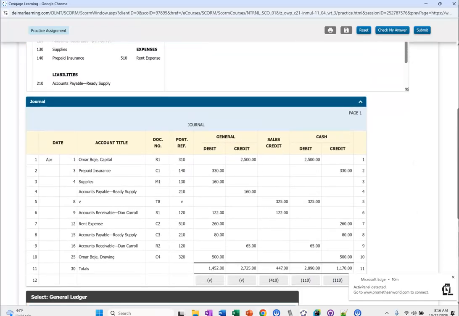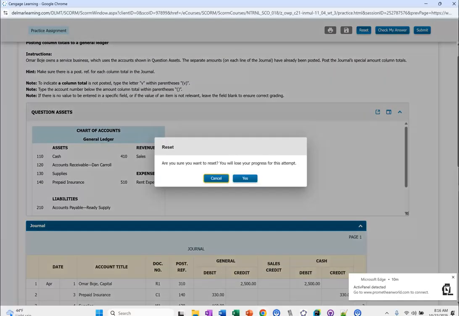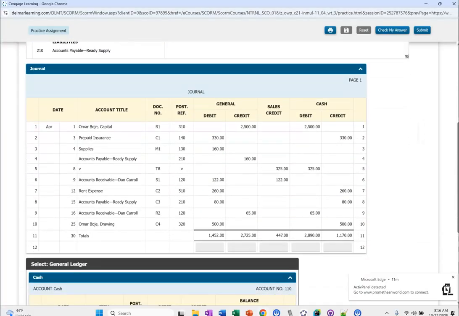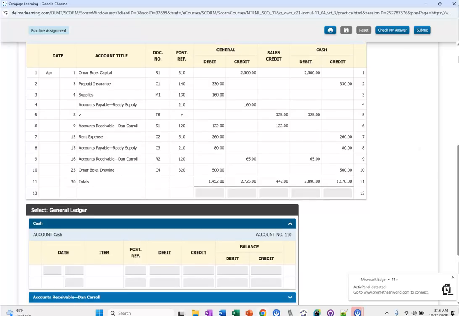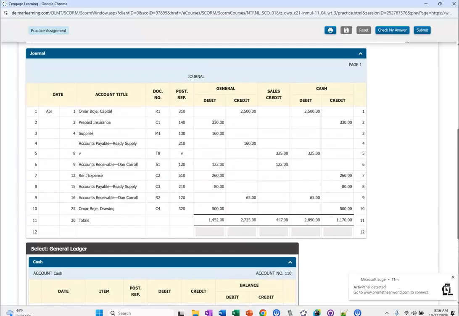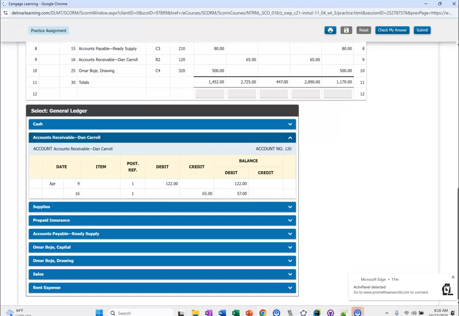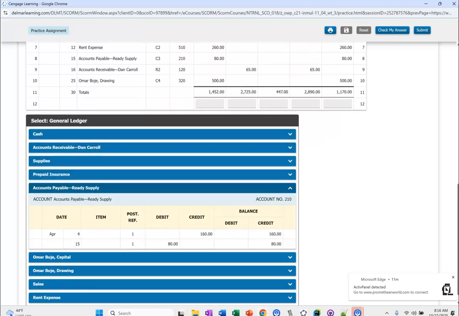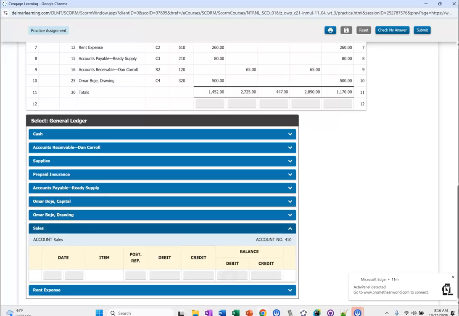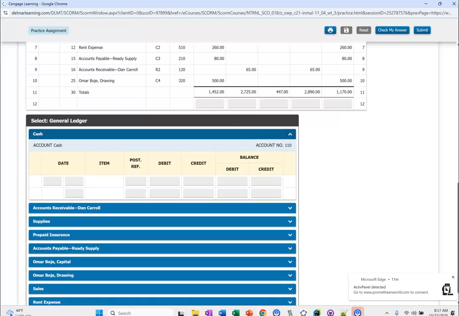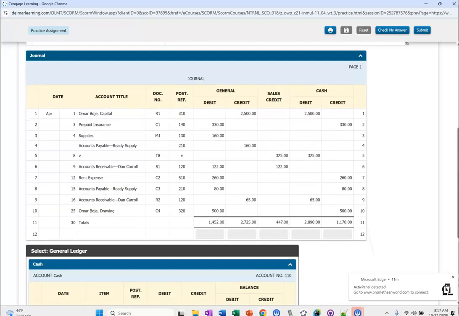Oh, I have this already filled out. Reset, please. Okay. So we have 5 boxes here that we need to do something with, and then we have some boxes inside of our ledger. These are just the different pages in our ledger. Everybody good on what we're looking at?